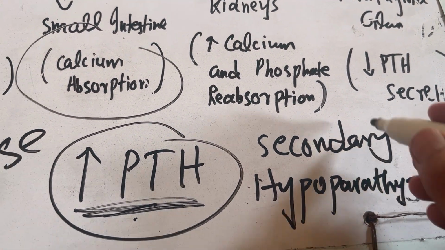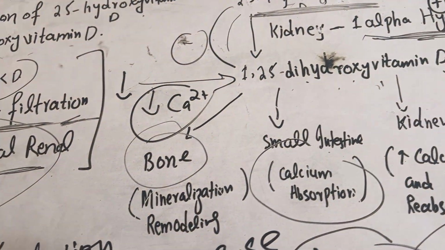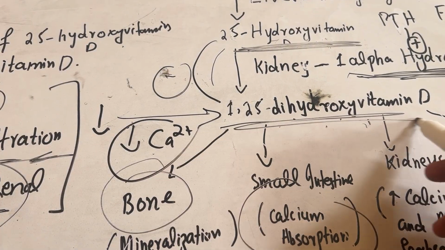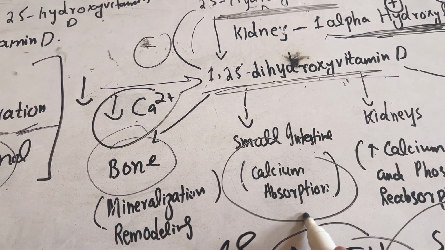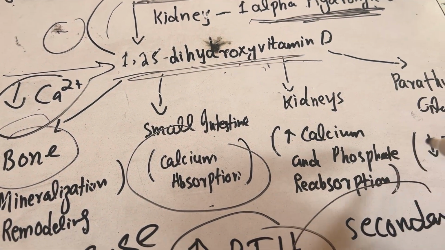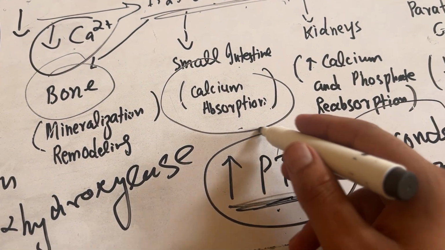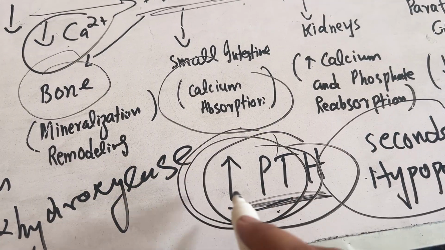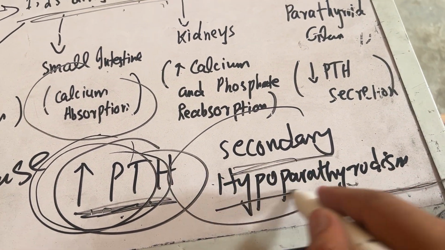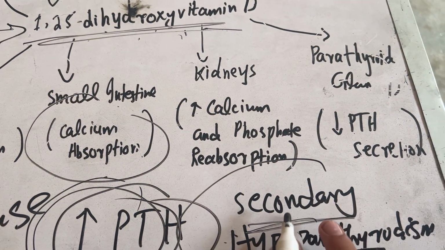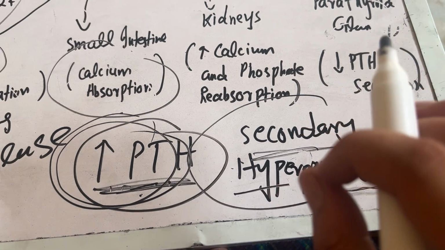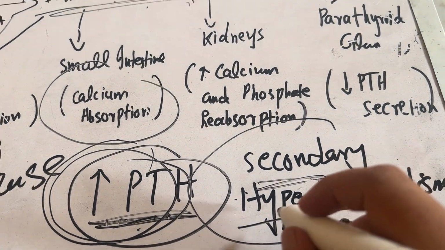As a result of hypocalcemia, which is due to the reduced active form of vitamin D, there is decreased calcium, decreased bone mineralization, decreased calcium reabsorption, and as a result there is an increase in the level of the parathyroid hormone, which is called secondary hyperparathyroidism, not hypoparathyroidism, it is hyperparathyroidism.